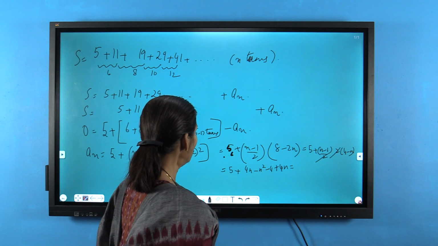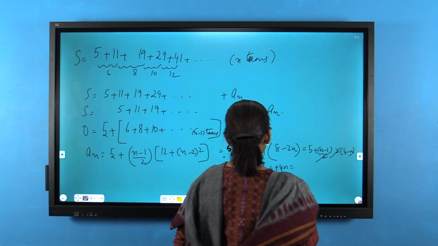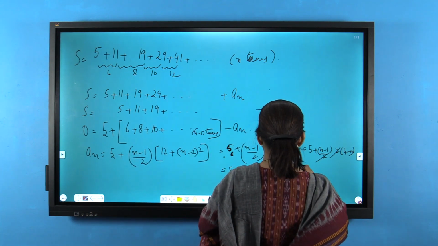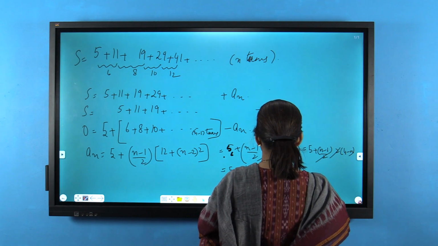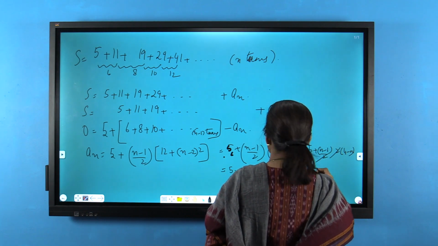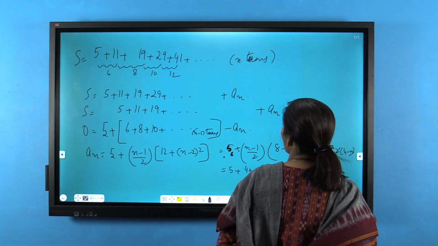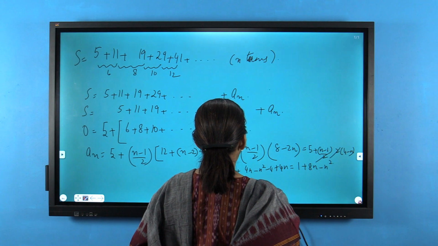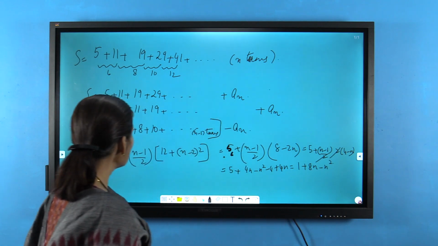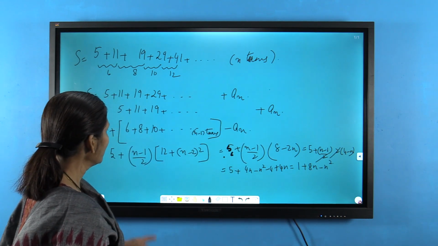So, this is 5 minus 4, 1, plus 8n minus n squared. Just let me see whether I have made a mistake here.